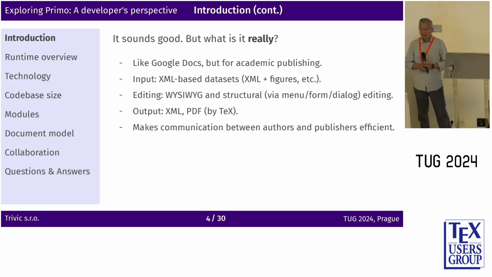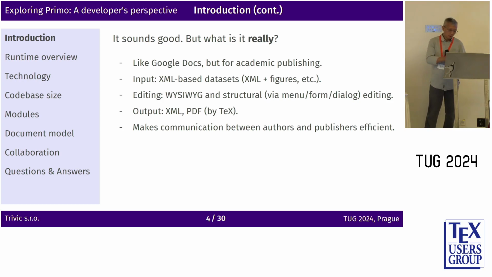Primo is very similar to Google Docs, but it's designed for scientific publishing. And usually that answers the question. If somebody doesn't know what Google Docs is, then the further step would be it's similar to Microsoft Word, but on the cloud. And if it does not answer the question, then I got stuck, but let's stop here.